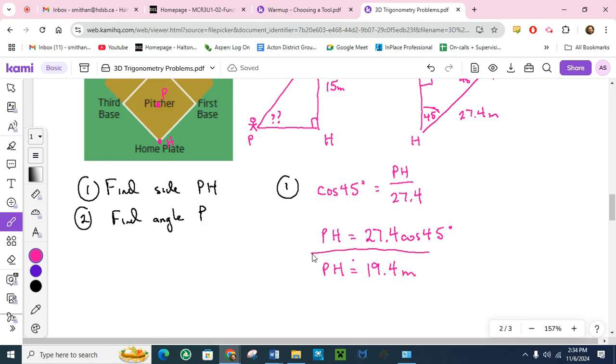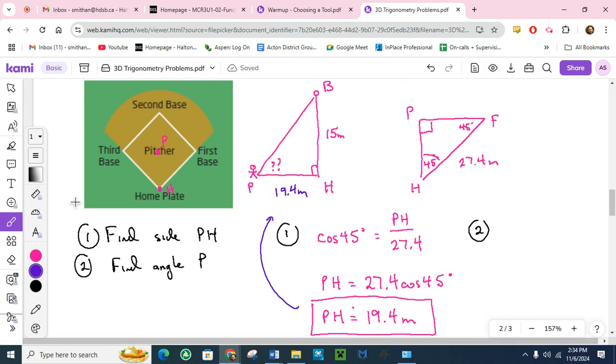All right, let's wrap this up then. I think I can just fit this over here for step 2. So PH, 19.4. So the tan of P equals opposite 15 over adjacent 19.4.